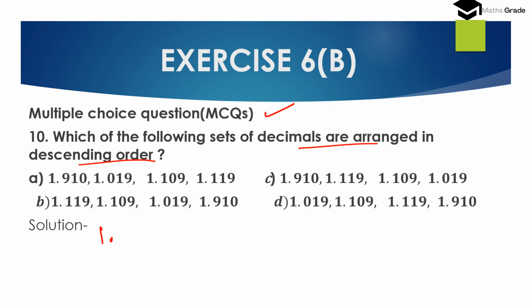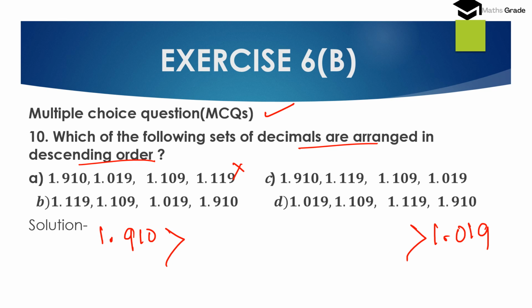So 1.910 is the largest decimal. Then after 9, the smallest digit is 0, so 1.019 will be the smallest decimal. But here 1.019 is placed first, so this is incorrect.